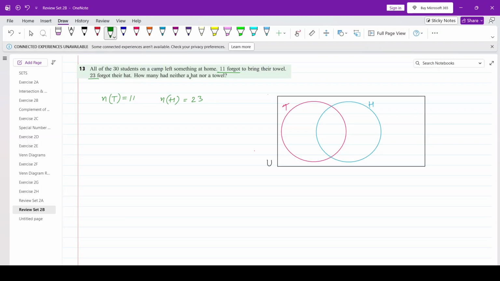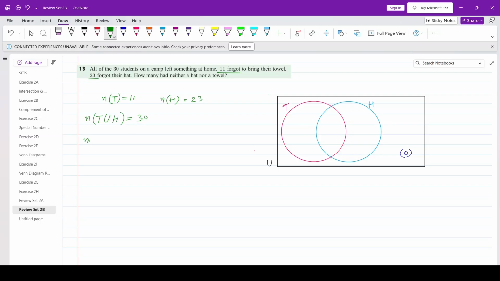How many had neither a hat nor a towel? Since all of them left something at home, this number is going to be 0. Now there are 30 students in total. So number of students in T union H is 30.